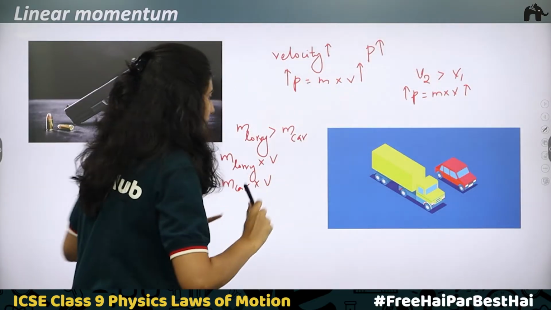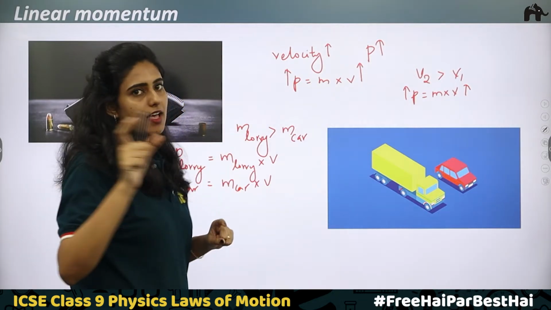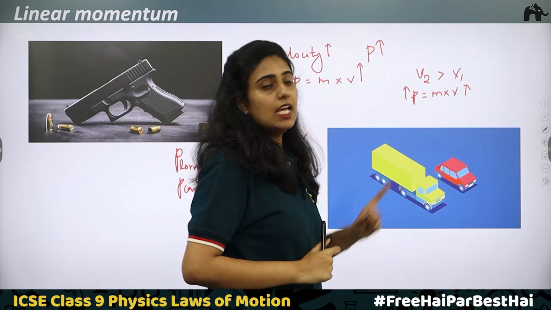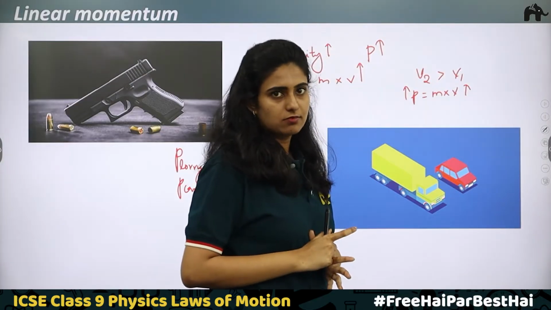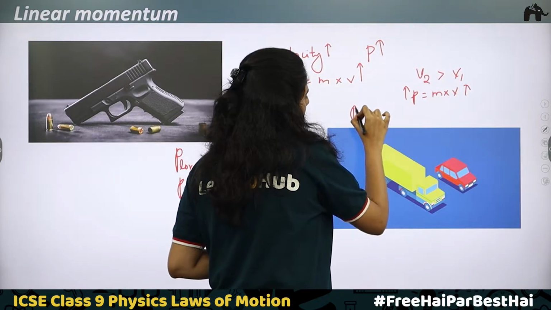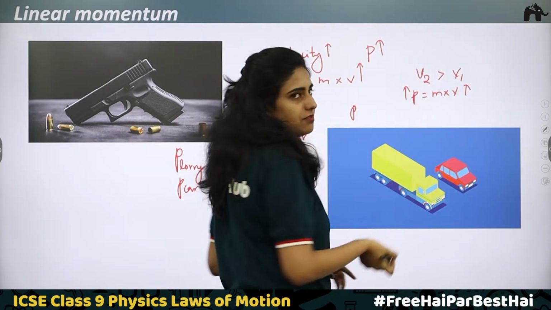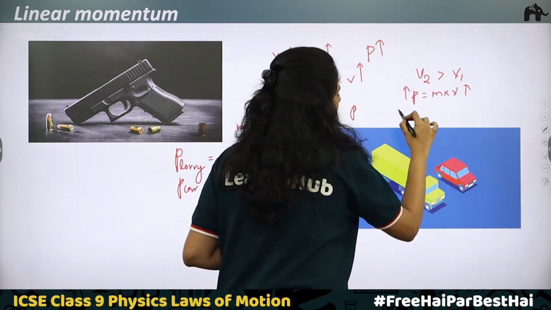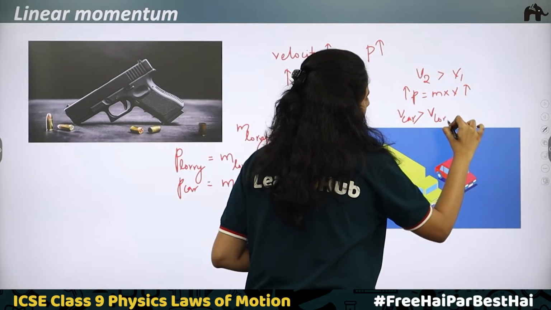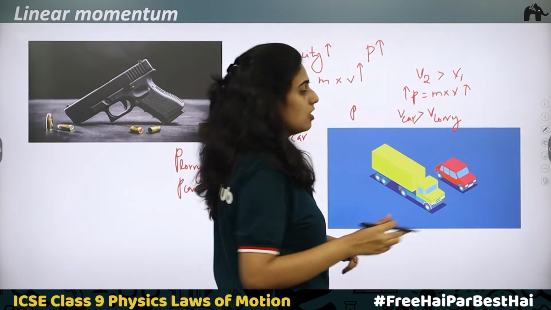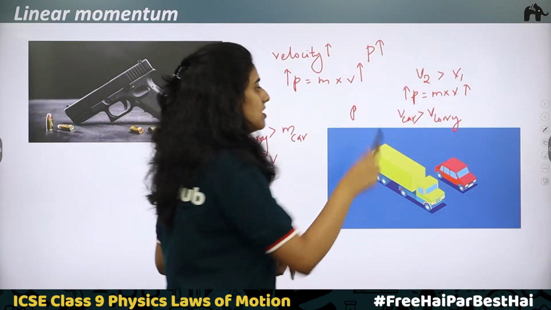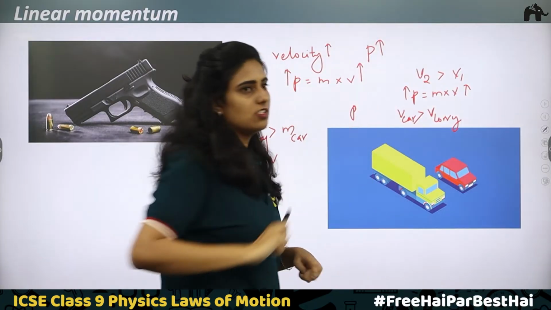We said that the momentum depends on mass and velocity. We have mass of lorry greater than mass of car, but let's say the momenta are different. The velocity of the car is greater than the velocity of the lorry, we are considering. So mass of lorry is greater than mass of car, and velocity of car is greater than velocity of lorry.